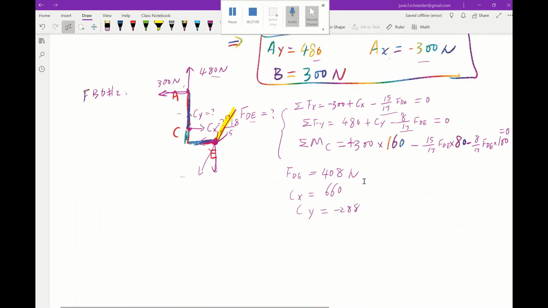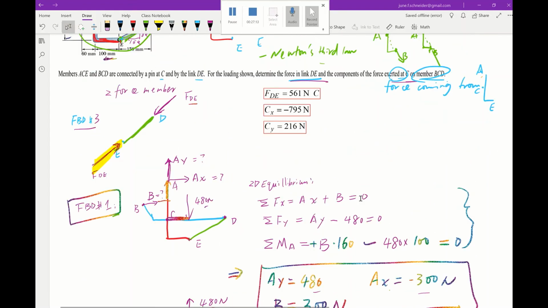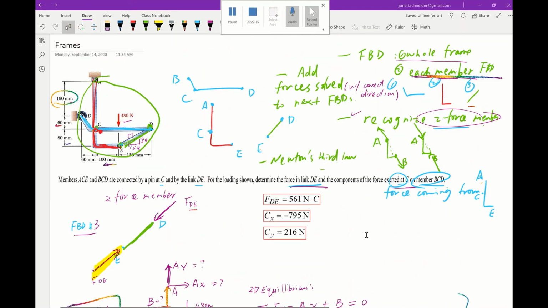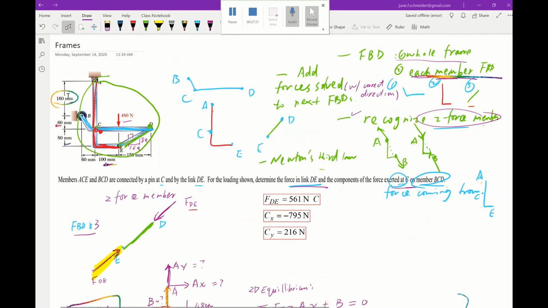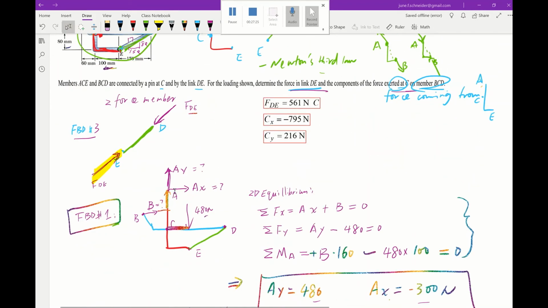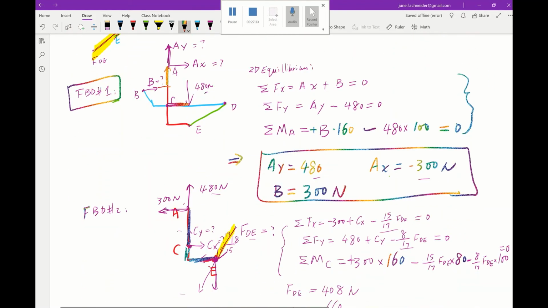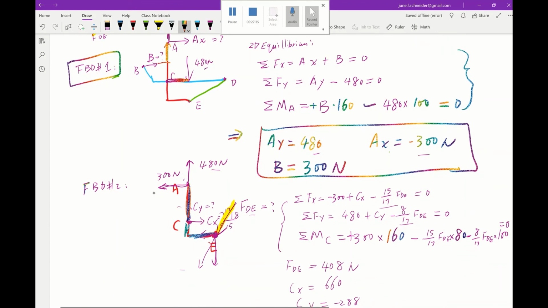So now I have these answers, and I was quite perplexed because my answers are not right. This was a correct answer. I stared at it, and then I have to tell you what happened: my moment arm for this A is wrong. The moment arm for AX, rotating about C, should be this distance, right?